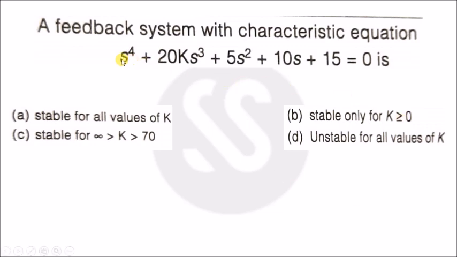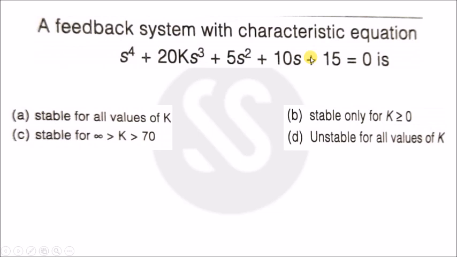You can see that this equation has s to the power 4 as the highest power, so the order is 4, a fourth order equation. The powers 4, 3, 2, 1, and 0 are all present in decreasing order, and we don't know the value of k. Let's say k is positive, so ultimately all coefficients remain positive.